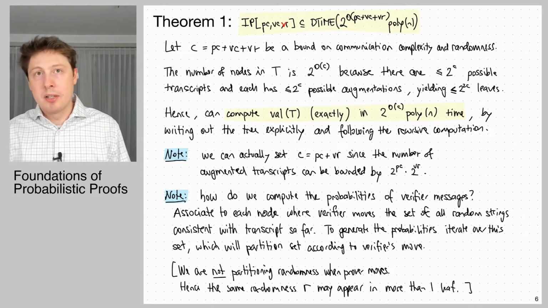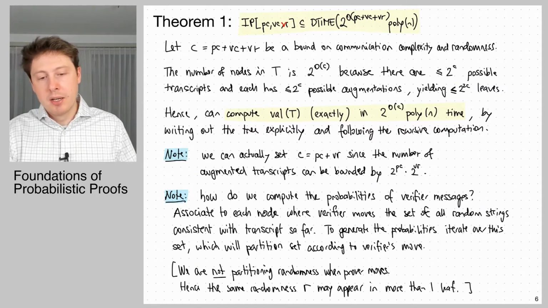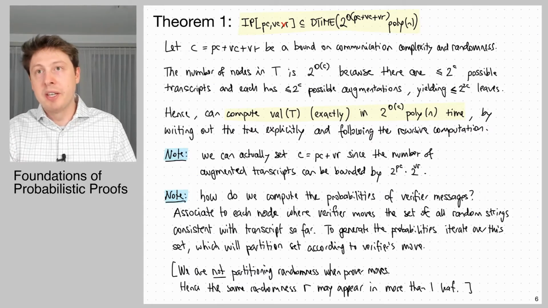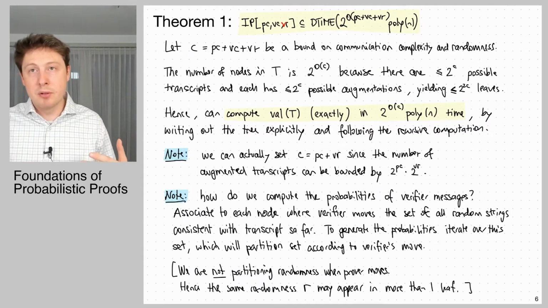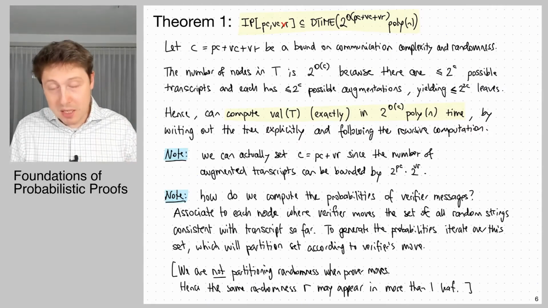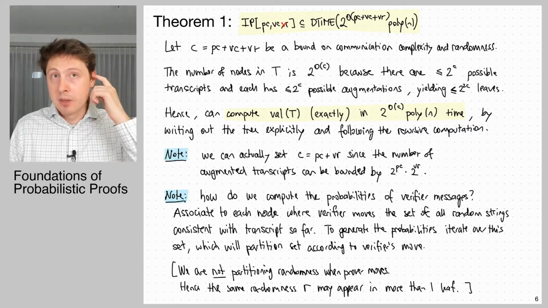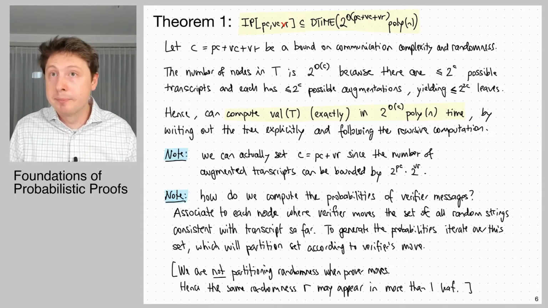If you multiply all the possibilities across all the prover moves, it's going to be a quantity that is at most 2 to the PC. You cannot have the product of all the prover fan outs be more than 2 to the PC. Similarly, there cannot be a product of all the verifier fan outs that is more than 2 to the VC. Okay?